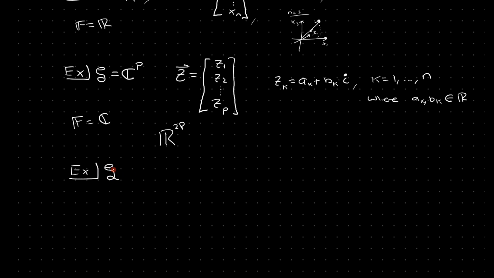So if you take the set of polynomials, so the set of functions from R into R, such that p of x is equal to a_n times x^n plus a_(n-1) x^(n-1), and so forth, all the way down to a_1 x plus a_0.